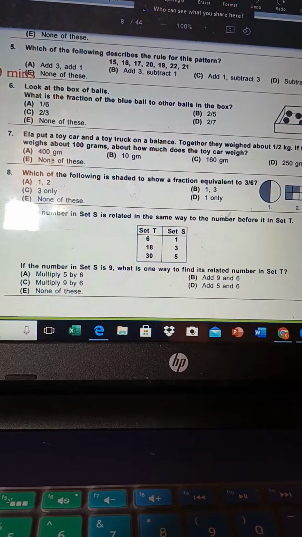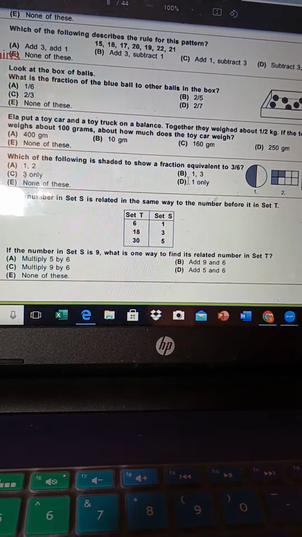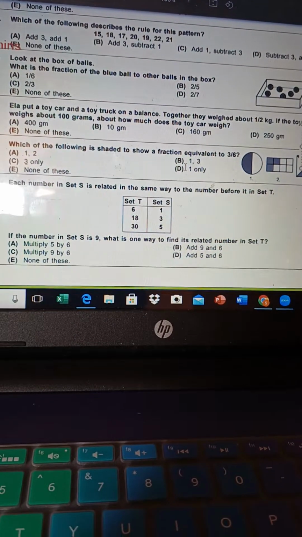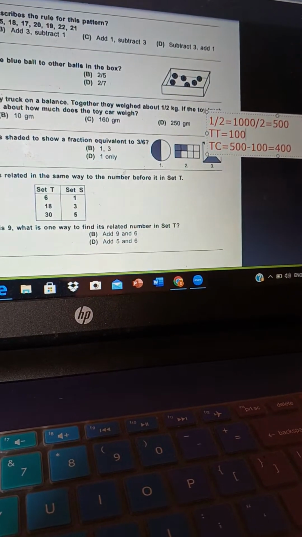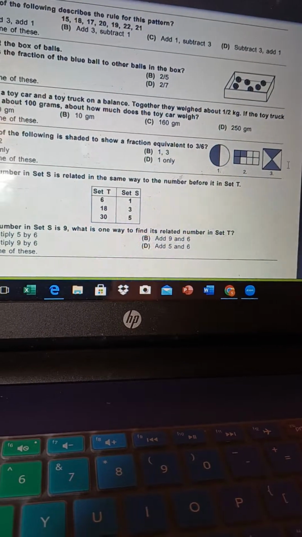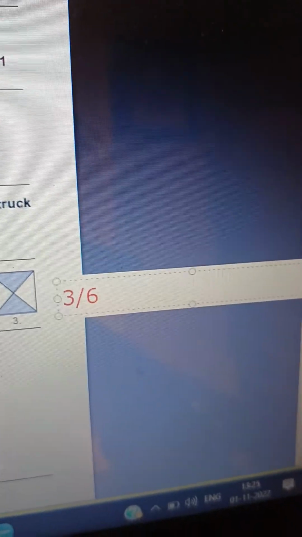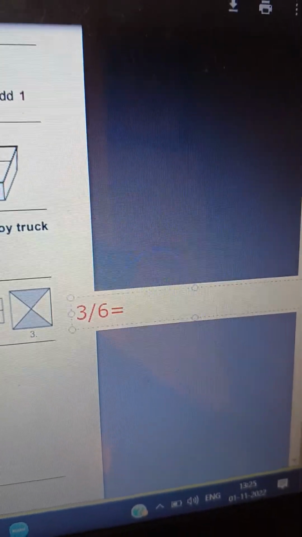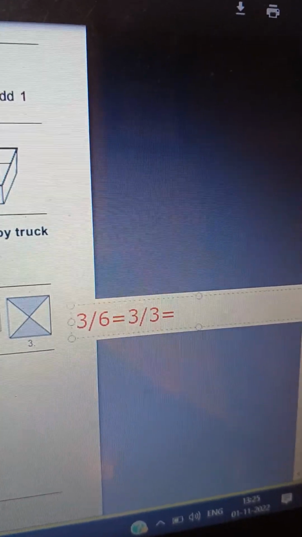Now, which of the following is shaded to show a fraction equivalent to 3 by 6? So 3 by 6, if we divide 3 and 6 by the same number, that is, if we divide 3 by 3, we will get 1. 3 divided by 3 is equal to 1.